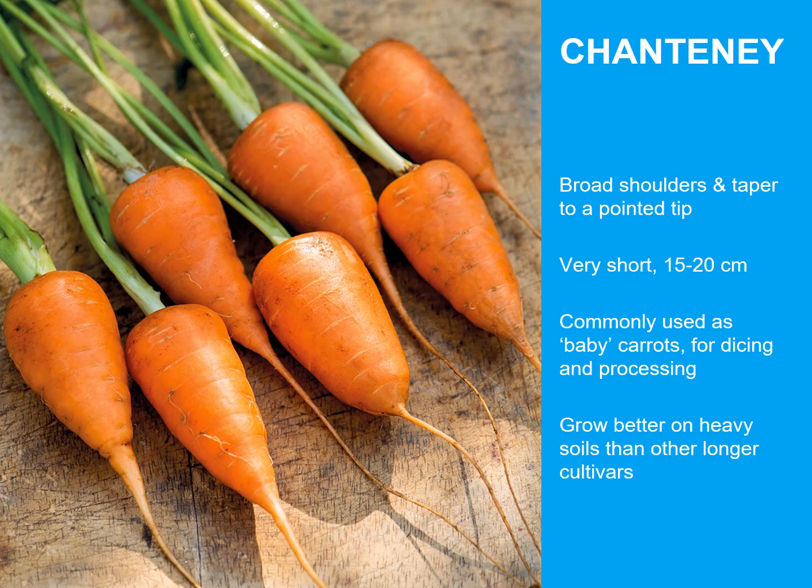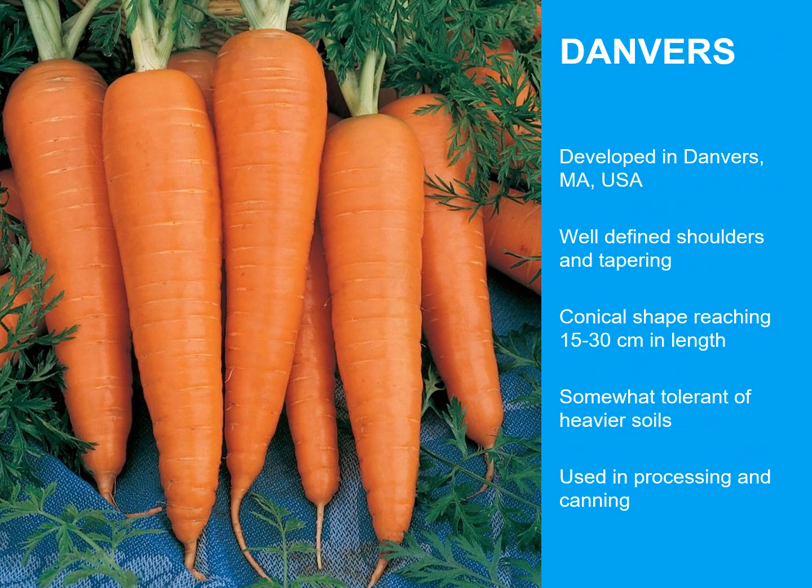They tend to grow better on heavy soils than other carrot types because of their short shape, and so they don't have problems with forking or fanging in soil which might have stones or clods like larger and longer cultivars might.